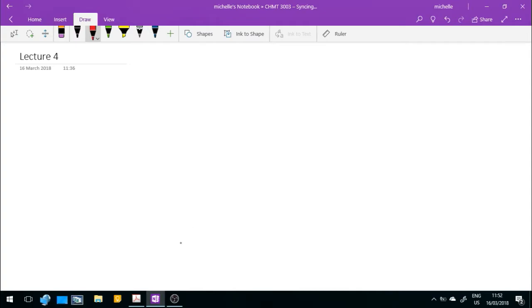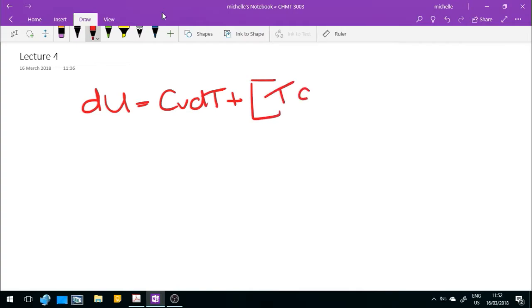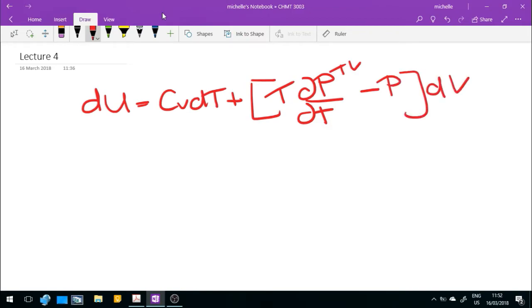So for example, if I have dU equals Cv dT plus [T(dP/dT)v minus P] dV, this is one of your equations. If you have Cv data and you have an equation of state that says how pressure changes with temperature while you keep volume constant, you can plug it into here.